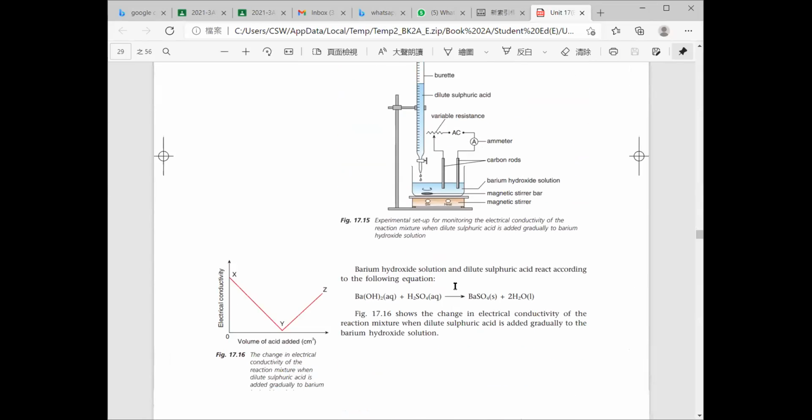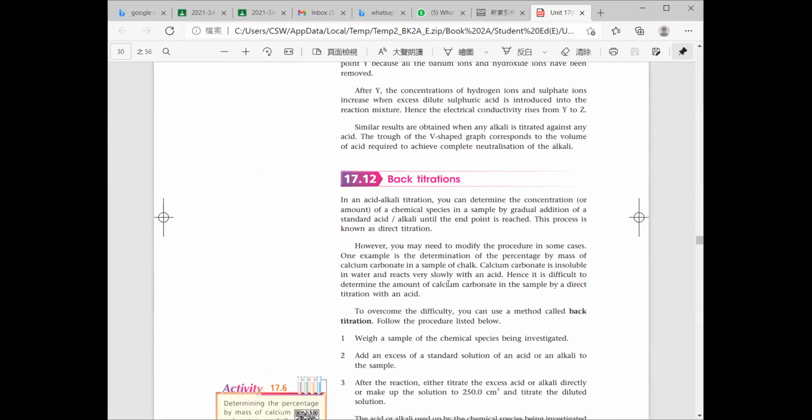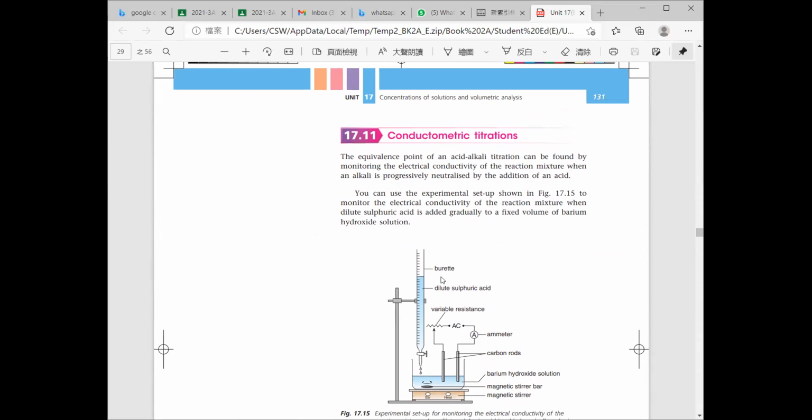Now, today we will continue on the practice questions on the titrations. There are so many different types of titration.